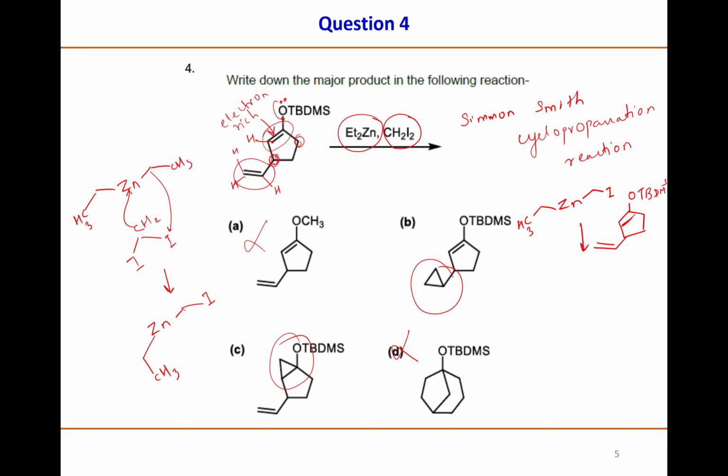Okay, so we have seen that diiodomethane with the diethyl zinc will form the complex, right? After formation of this complex, what will be the next?